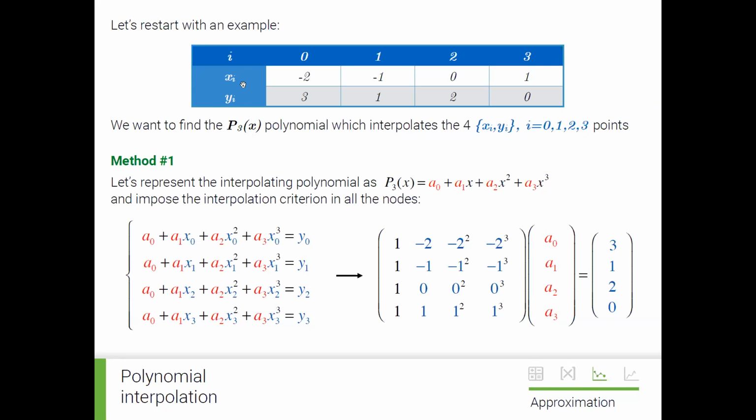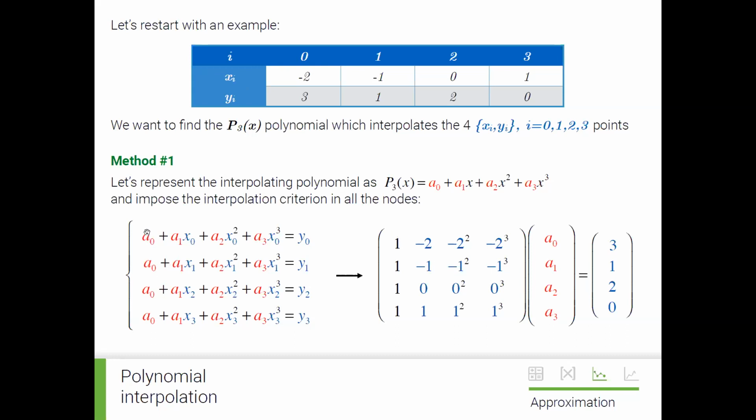So in the first situation, it will be just -2. Instead of x0, it is -2 from this table, yeah? And then this is -2 squared, and then -2 cubed. Now, for x1, it will be -1. So -1, -1 squared, -1 cubed.